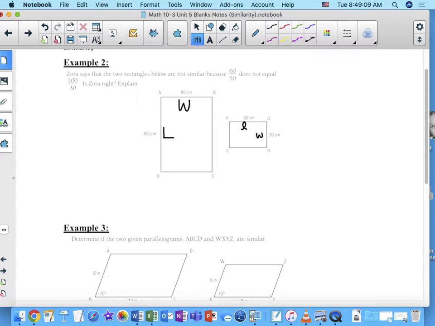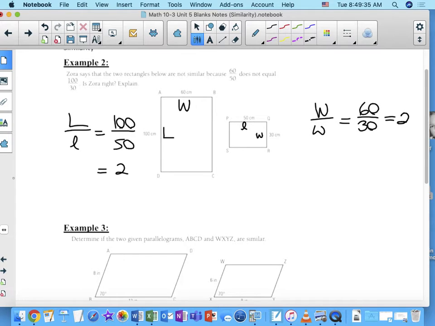So we need to make sure that we do that. So let's see what happens when we do that. When we compare length to length, length over length, we get 100 over 50, which is 2. And when we compare width to width, we get 60 over 30, which is also 2.